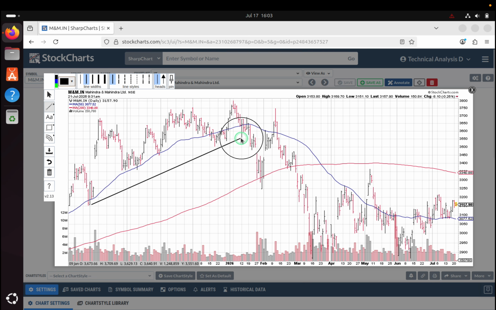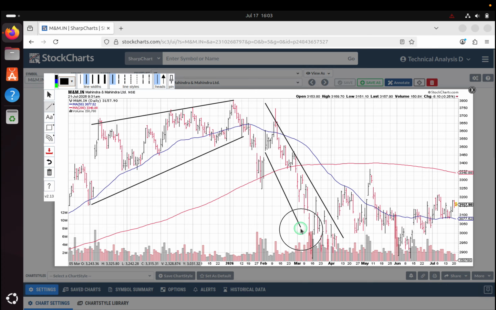This is entirely ranging with public participation and accumulation. Then there is a huge downfall of distribution. Then sideways range.